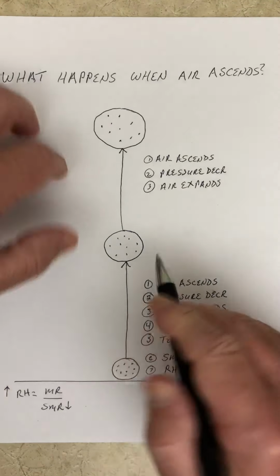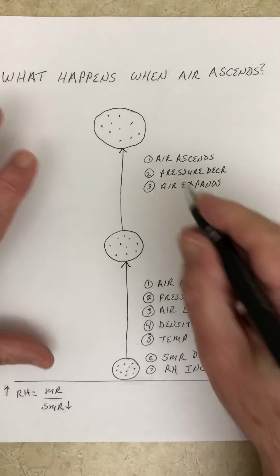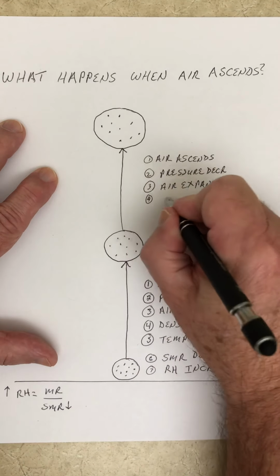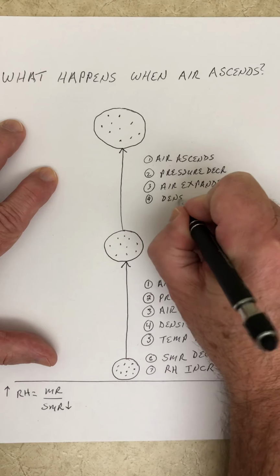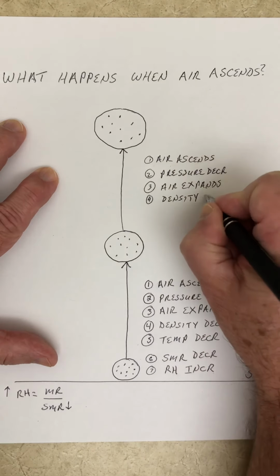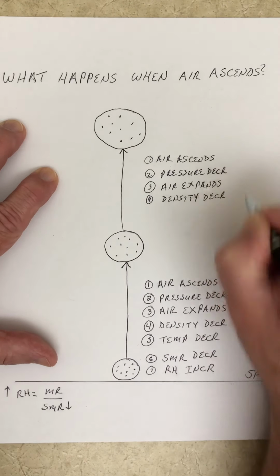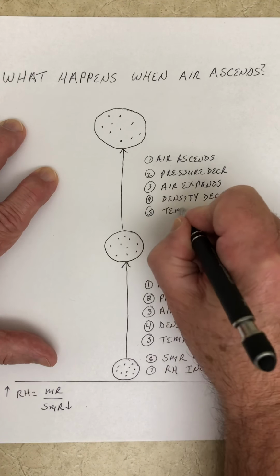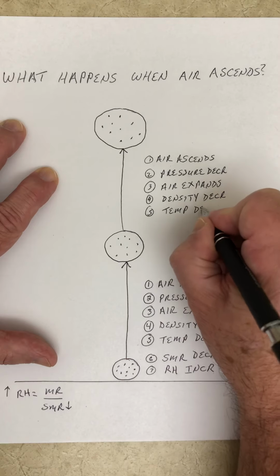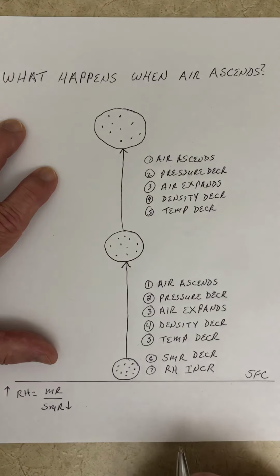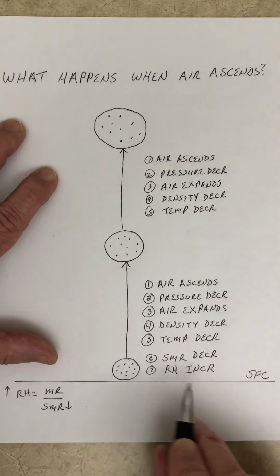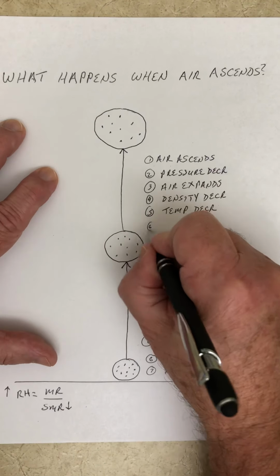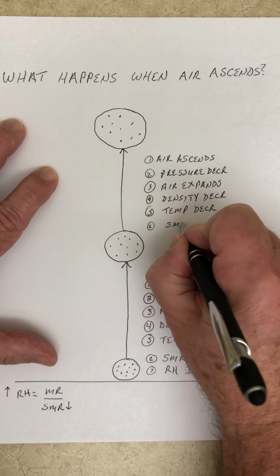When the air expands, then the air molecules are even further apart, so the density decreases. When the density decreases, then the temperature is going to decrease. And when the temperature decreases, the saturation mixing ratio is going to decrease.